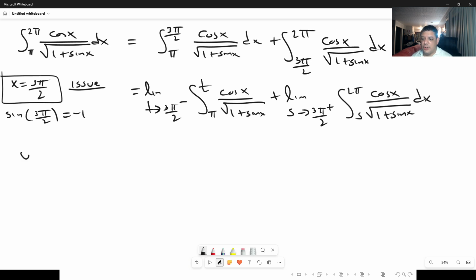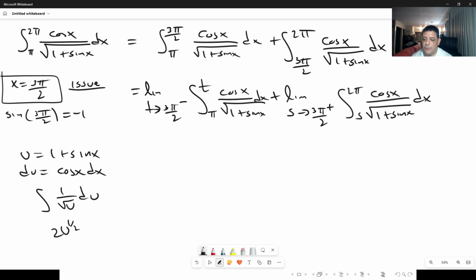Now the integration is what you would expect: u is 1 plus sine of x, and so du is cosine of x dx, and you can see that their integral is right there. This just becomes again 1 over the square root of u du, and we already saw how this works out. This is just going to be u to the minus 1/2, so this becomes u to the 1/2 over 1/2, so 2 u to the 1/2 in here.